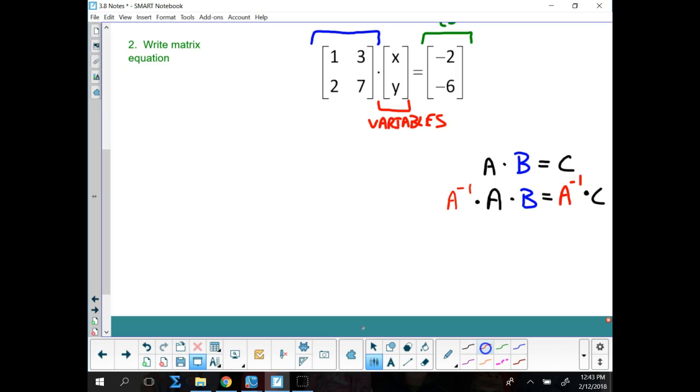Then this would give me B equals the inverse of A times C. Does everybody follow that logic?